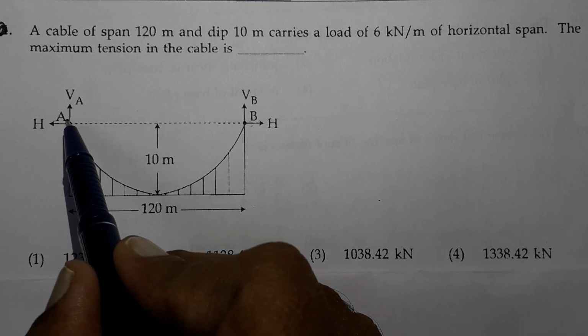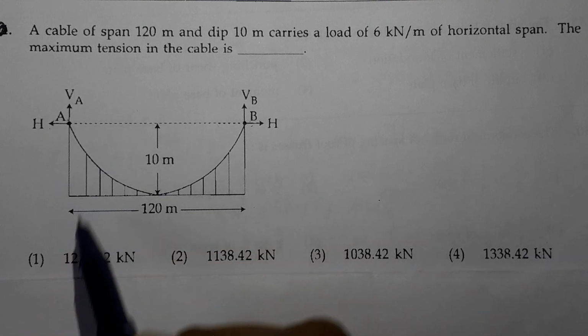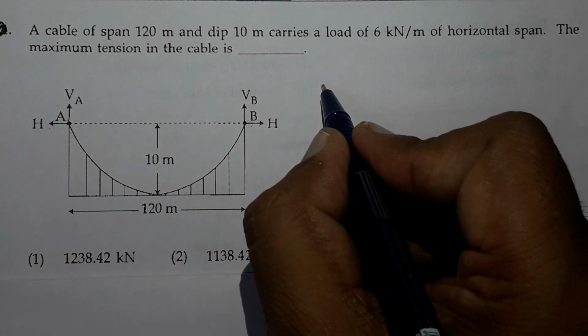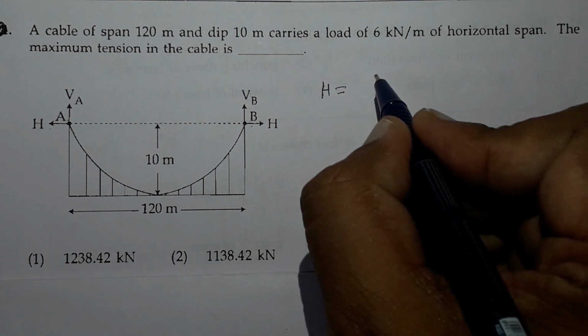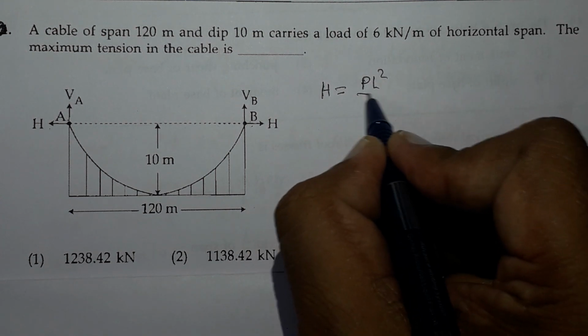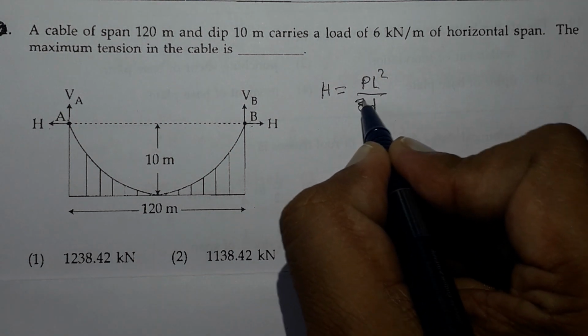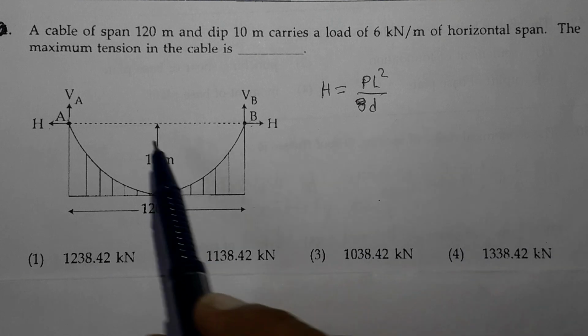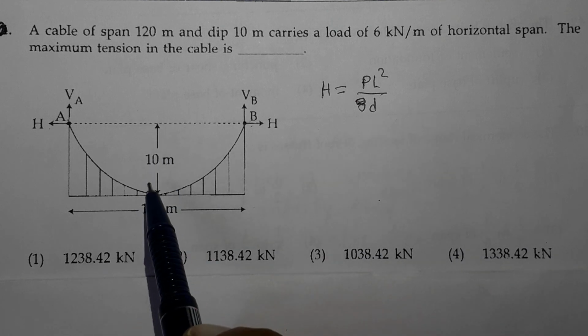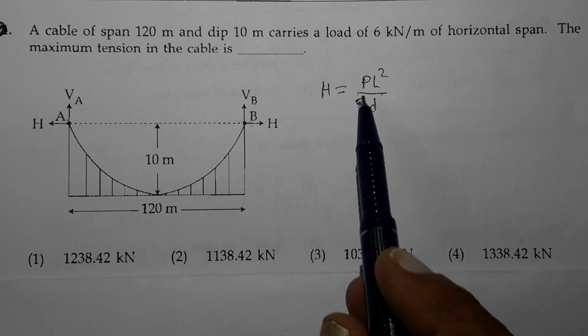To know the value of RA, we'll have to get H and VA. So H, that is the horizontal component of reaction at the support, is given by PL square divided by 8D, where D is the dip of the cable, which is 10 meter over here, and P is the UDL.